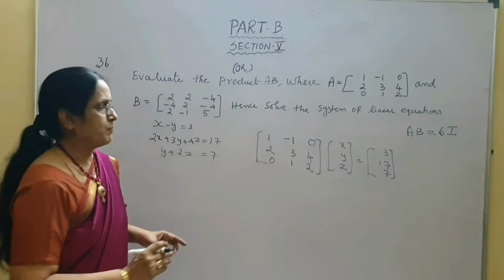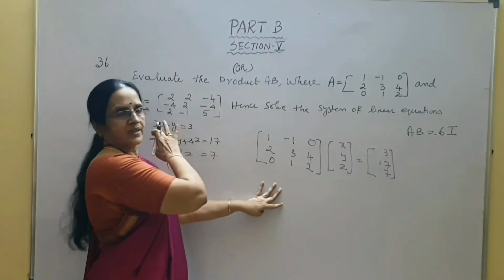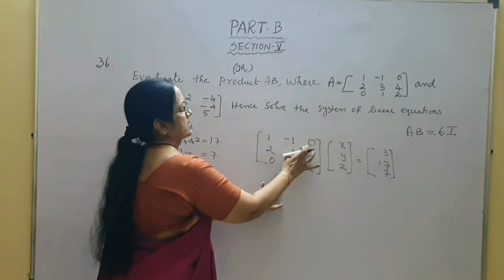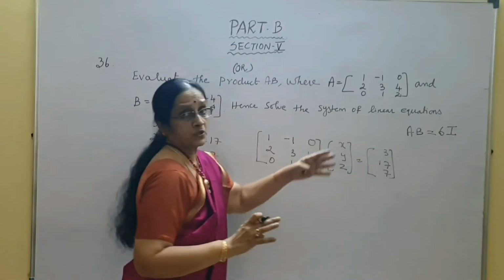Now we have to compare this matrix with A and B. See here 1 minus 1 0, 1 minus 1 0, 2 3 4, 2 3 4, 0 1 2, 0 1 2.